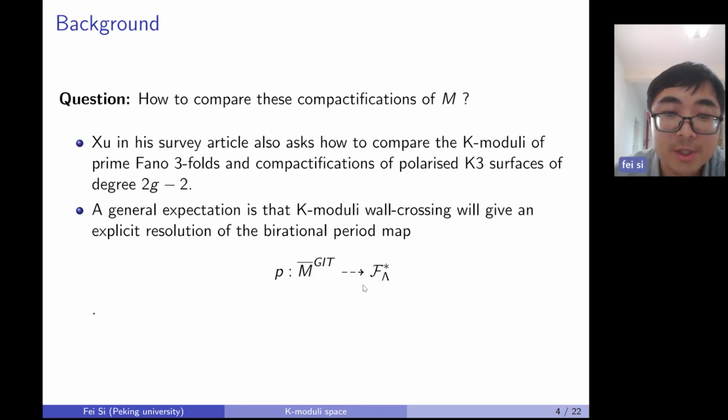The Torelli theorem says this is a birational map. So the general expectation is that the K-moduli wall crossings will give an explicit resolution of this map.